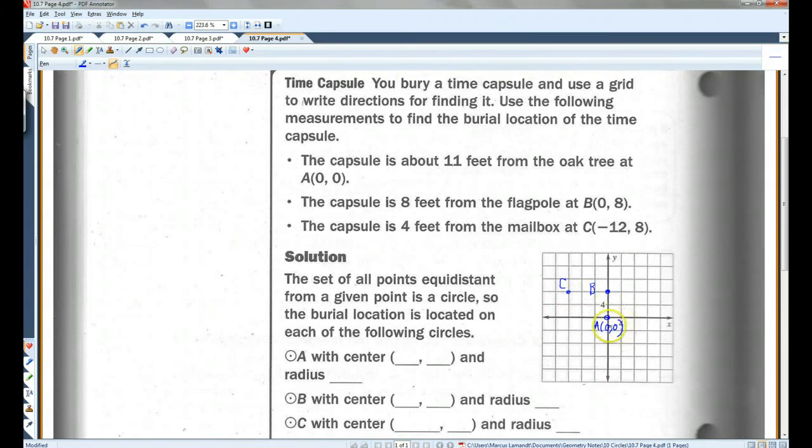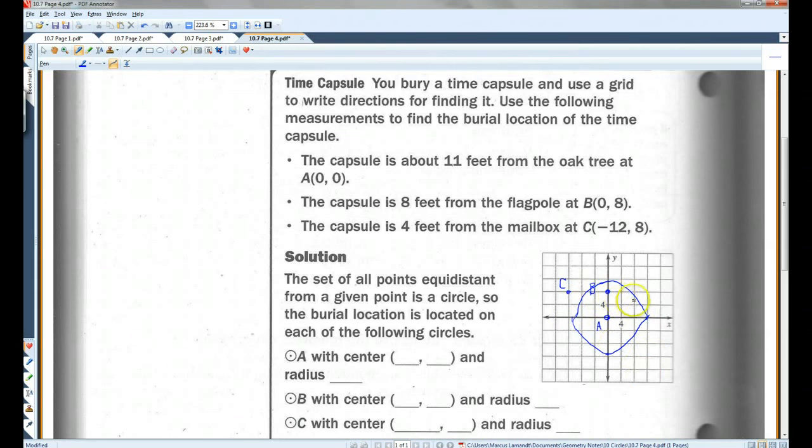So what I'm going to do is this. I'm going to draw all 3 of these circles, and I'm going to see where these circles intersect. I'm going to redraw this A. So, A is 11 feet, so I got 4, 8, this is 12, so it's not quite that far. Once again, it really doesn't have to be perfect, just needs to be about right.